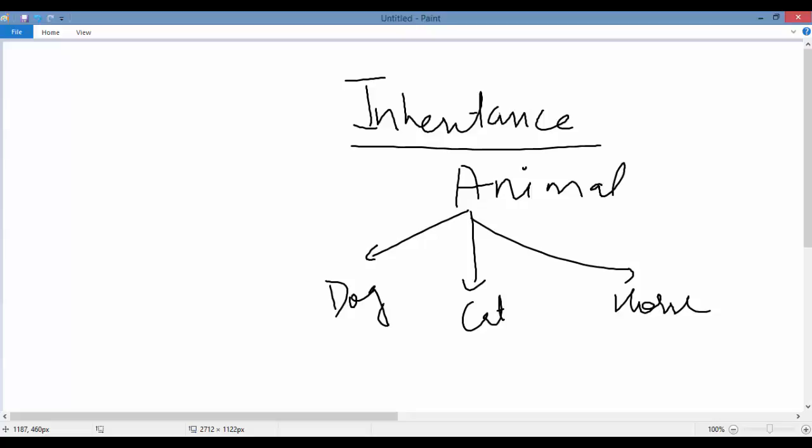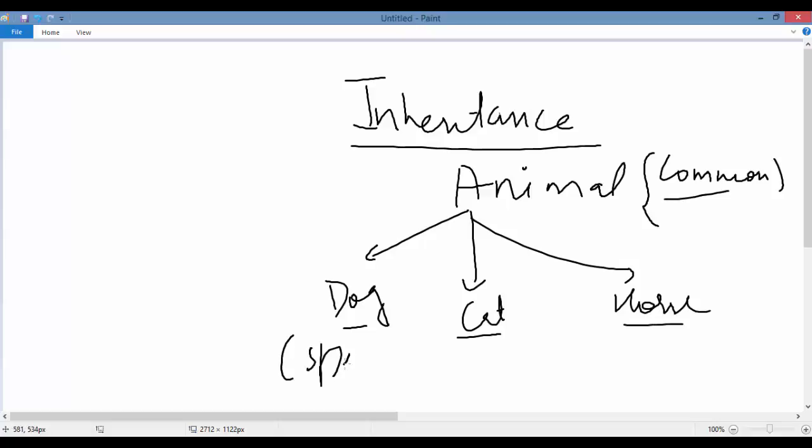With the concept of inheritance, this animal class will have all the common functionalities, and the specific ones like dog, cat, horse will have only the specific functionalities, and all the common functionalities they will inherit from the animal class. So this is called inheritance.